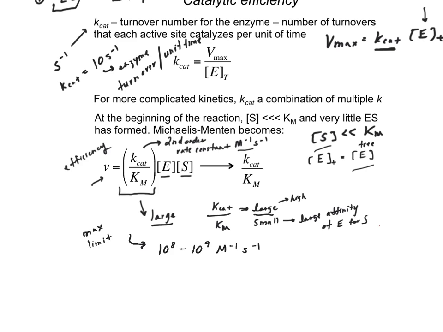So if you had an enzyme with a Kcat over Km ratio of 10^8-ish, what that's telling you is that this enzyme is so efficient that the minute a substrate molecule diffuses to it, it turns over, because this is essentially the rate of diffusion in biological systems.